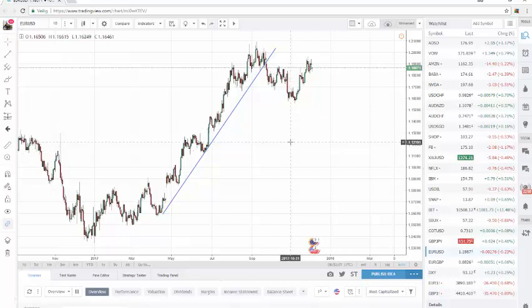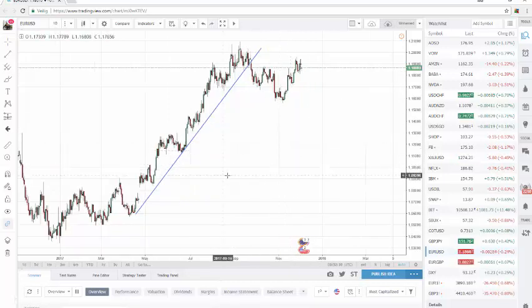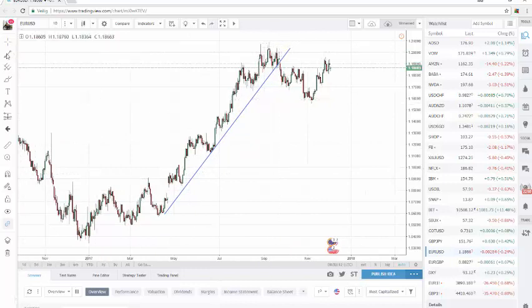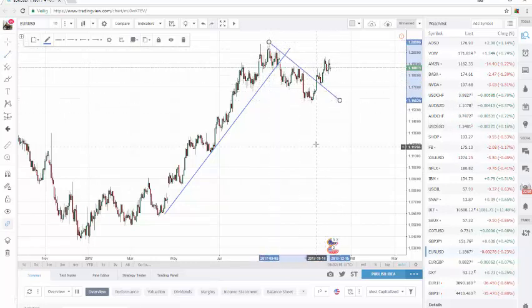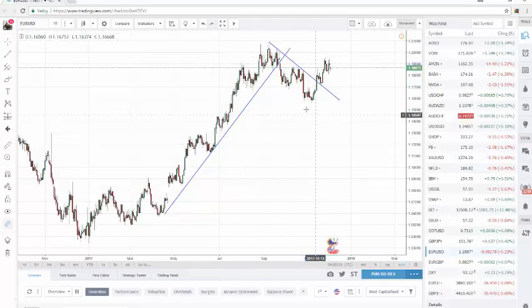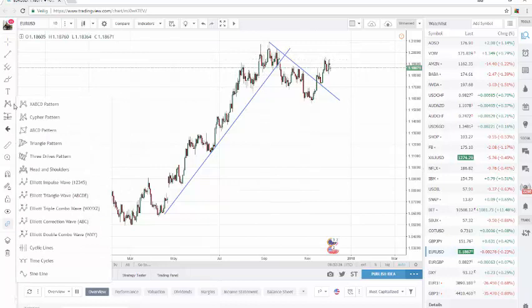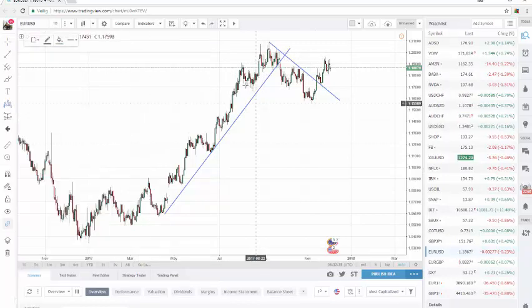So this is the actual pair we're looking at now. This has been an uptrend. We can see that we had a top at 120, almost 121 level, where we took some time, took some correction. A classic head and shoulders pattern for those of you who are interested in those kinds of setups.